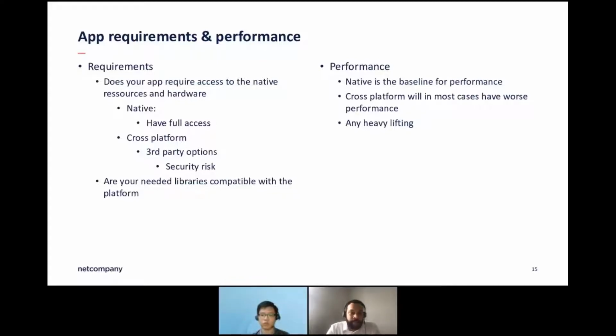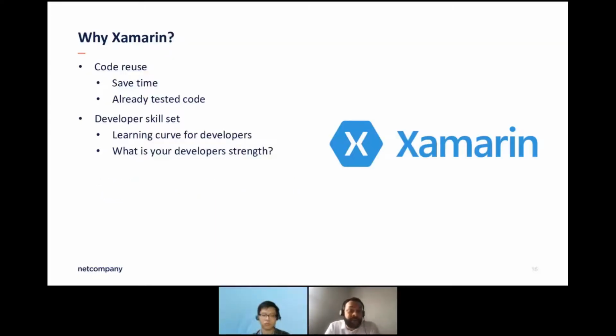So yeah, but let's jump to, I think, the most important things and why we chose Xamarin. As I said before, we had code from other projects because we have been building and visualizing this concept for over a year. And we had a lot of C# code lying around that could be used for similar things.